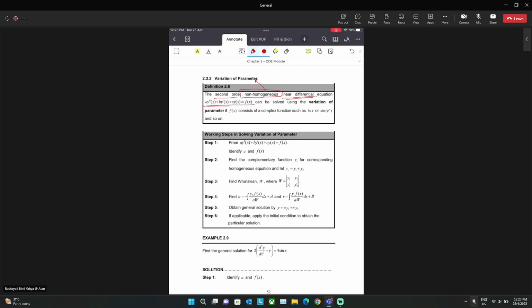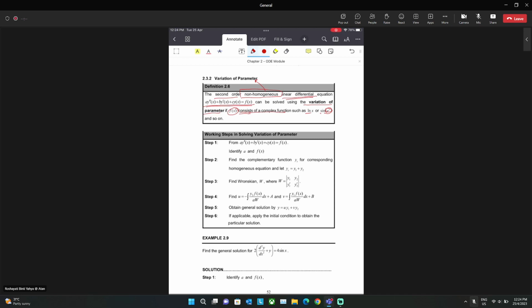So the standard equation can be used with variation of parameter if f(x) consists of a complex function, such as ln or sine, actually not complex, but with exponential.